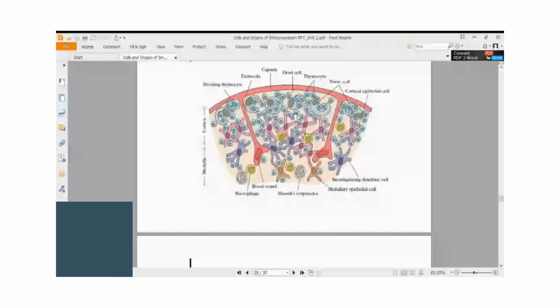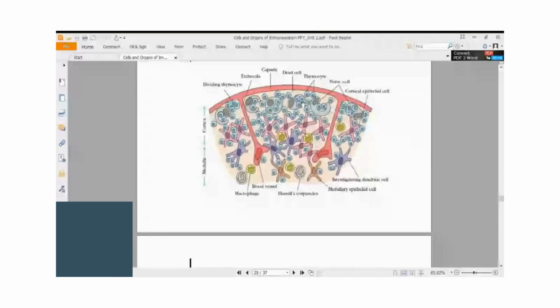They are going to be nourished by a special type of cells called nurse cells. And sometimes these thymocytes are enclosed within the nurse cells, and these nurse cells provide nutrition to the thymocytes. You can see here in the cortex area, some nurse cells are surrounding them, and some nurse cells have the thymocytes within them.